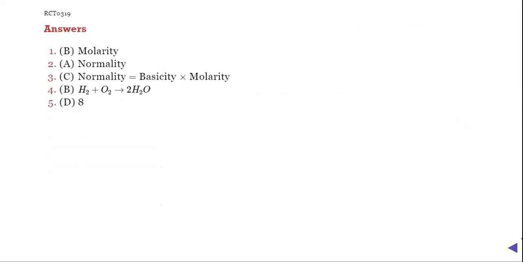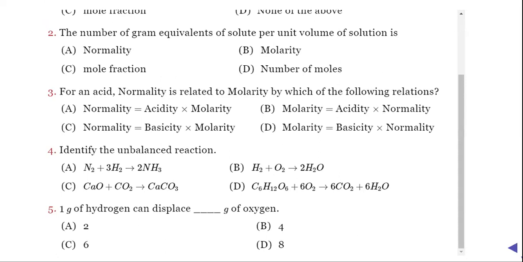Let's see. The answer is 8, so it is D. That's the basic definition. So this was the basic. I was just trying to know how much you remember, because this chapter has already been covered in your school.